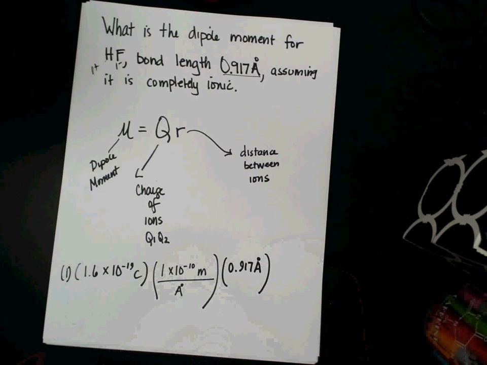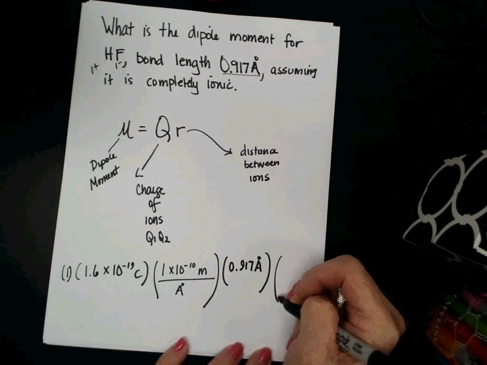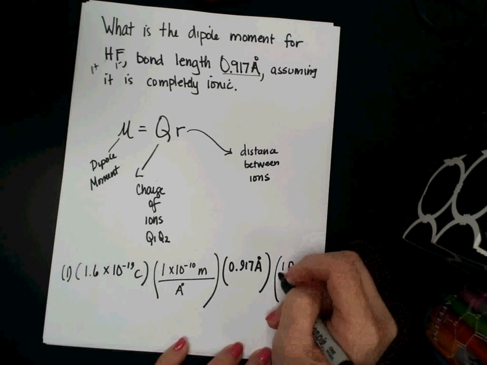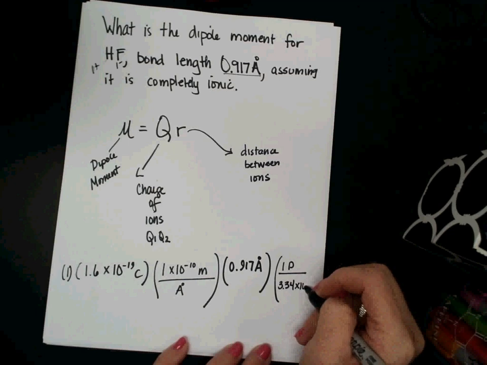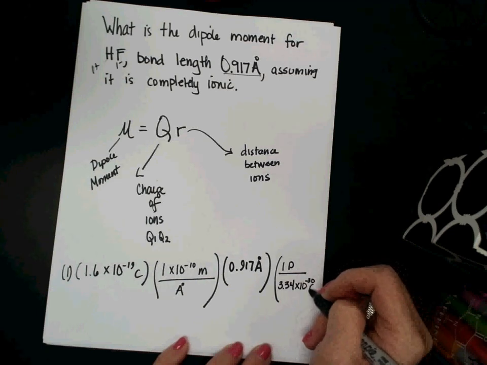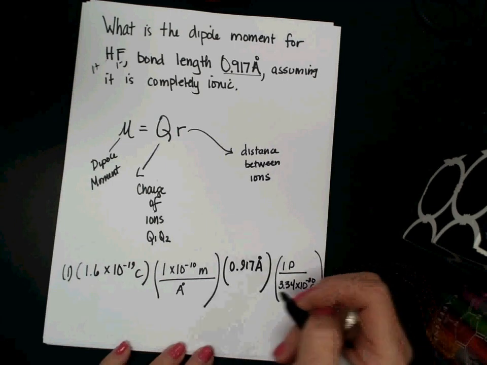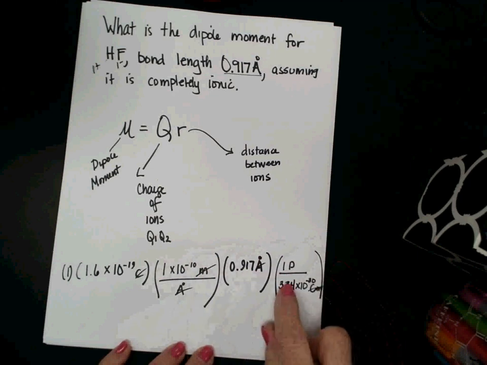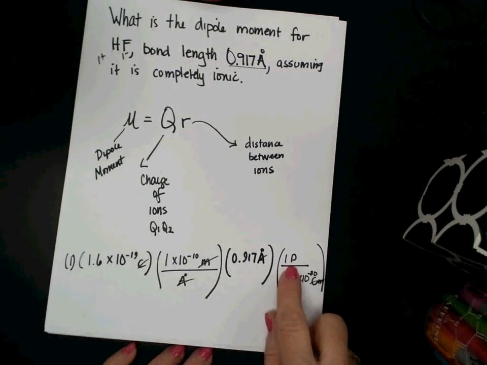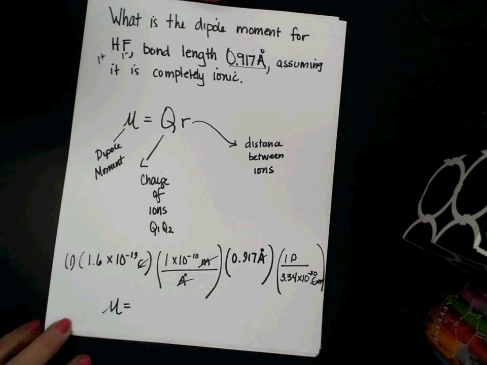So I put my R in, and then I have to use my second conversion factor, which is 1 debye is equal to 3.34 times 10 to the negative 30th coulomb meters. So I've gotten rid of coulombs, I've gotten rid of meters, I've gotten rid of angstroms, and I'm left with debye. So I can say that my dipole moment is equal to whatever that equals. I gotta find a calculator.